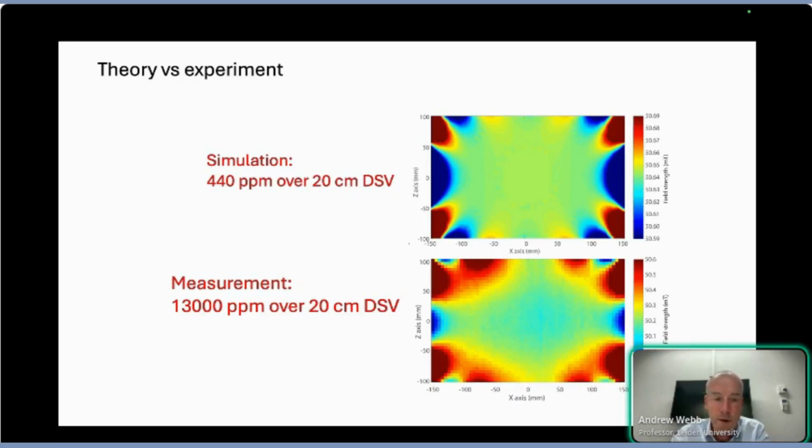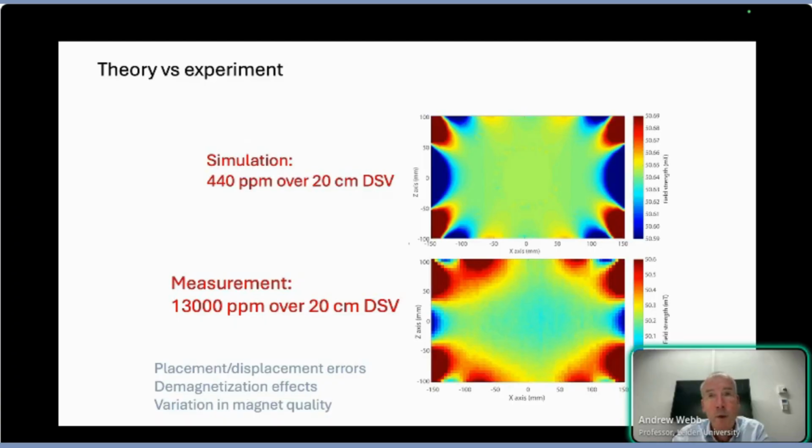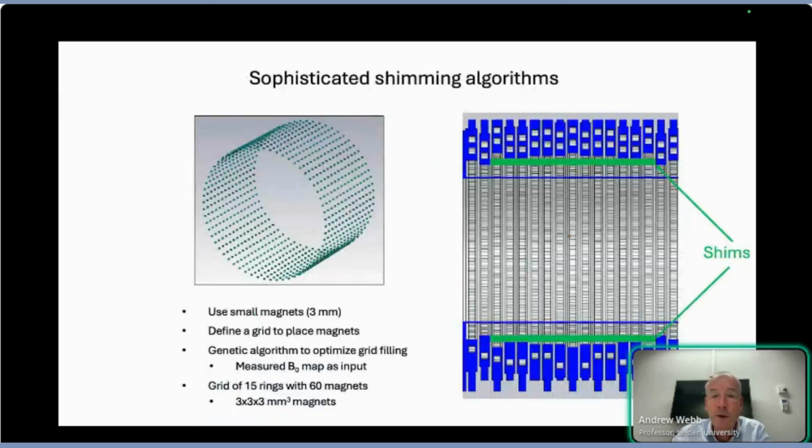When we build it, though, we end up with a number which is much worse, typically way more than 10 times worse. And why is that? That's because we can't machine perfectly. Our magnets might have slightly different field strengths for each individual magnet. And we also have things like demagnetization effects when the magnets are very close to each other, and that's very, very difficult to model. So in order to make a good magnet, we then need to shim.